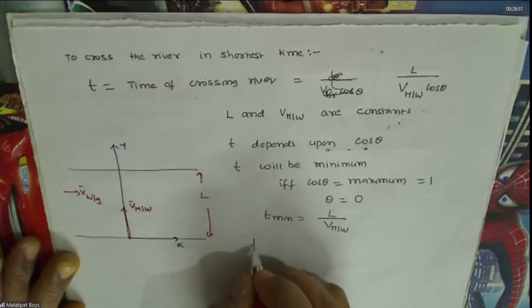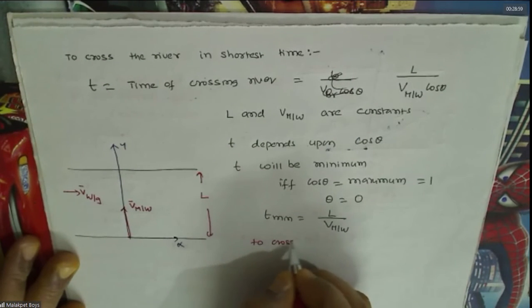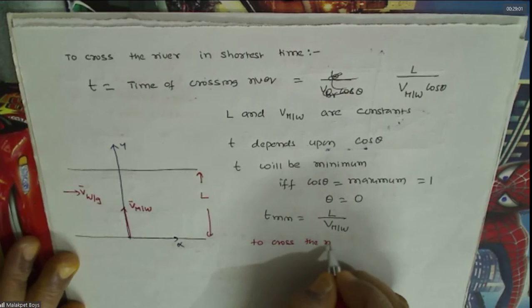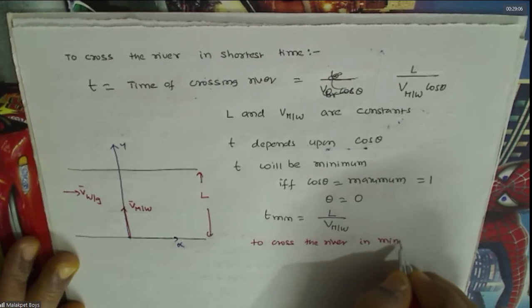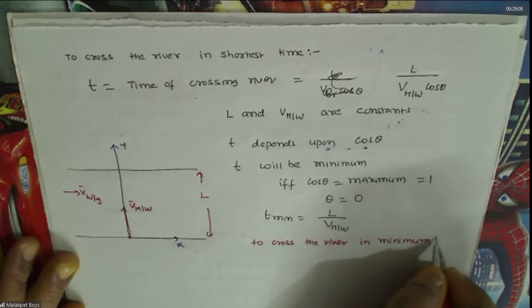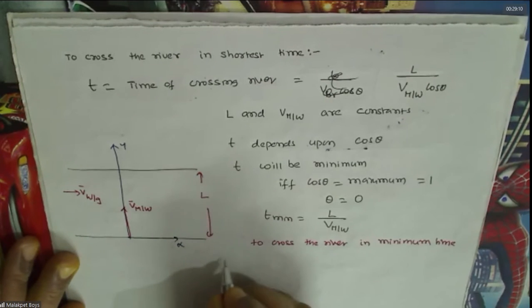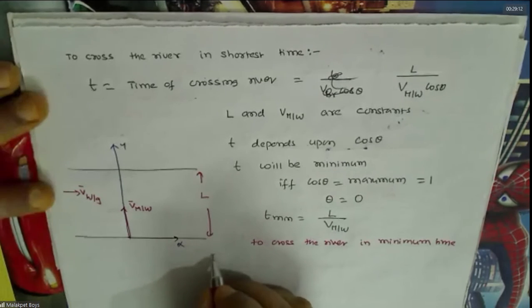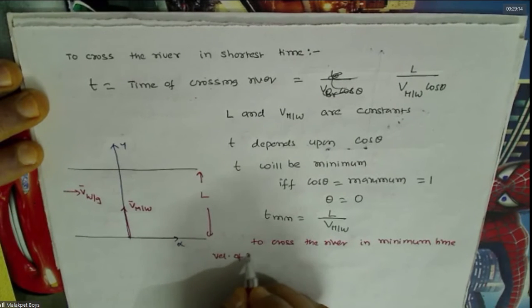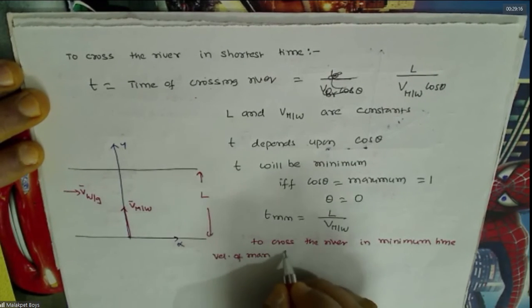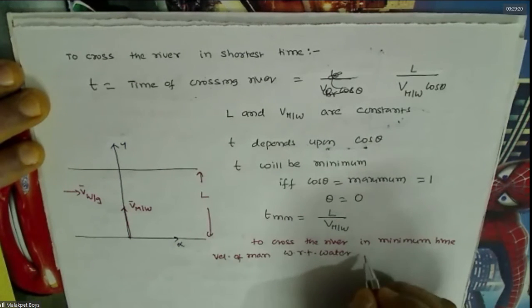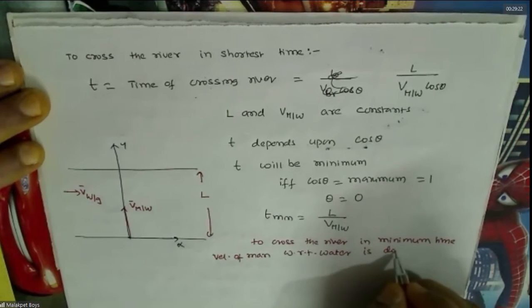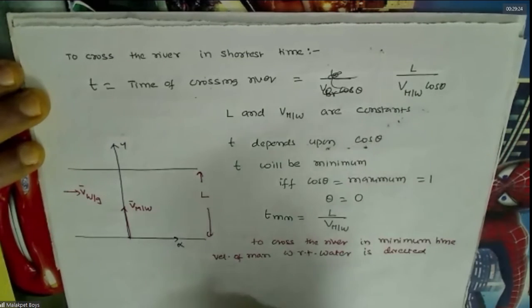That means to cross the river in minimum time, the velocity of man with respect to water is directed perpendicular to the river.